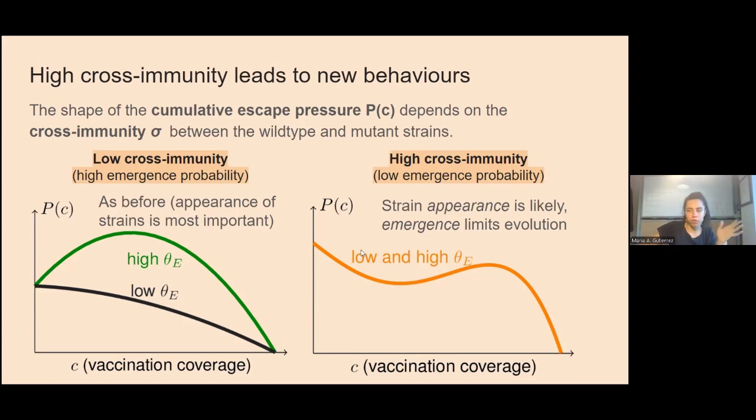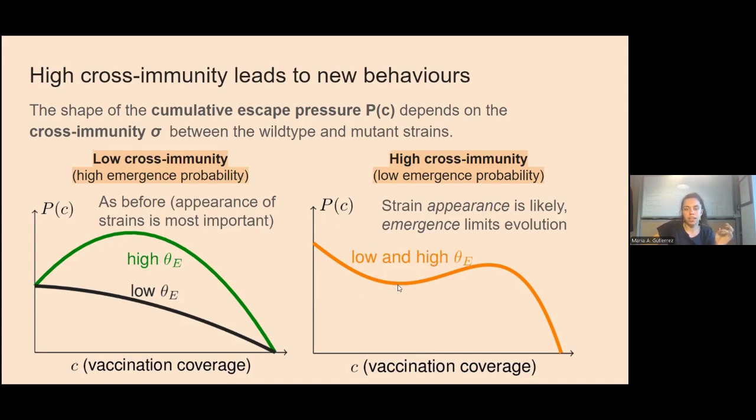And so we have this new shape as a function of the vaccination coverage, and it happens regardless of theta e. Theta e, I did not plot it here, but it would just show a slightly lower curve, with the same qualitative behavior.